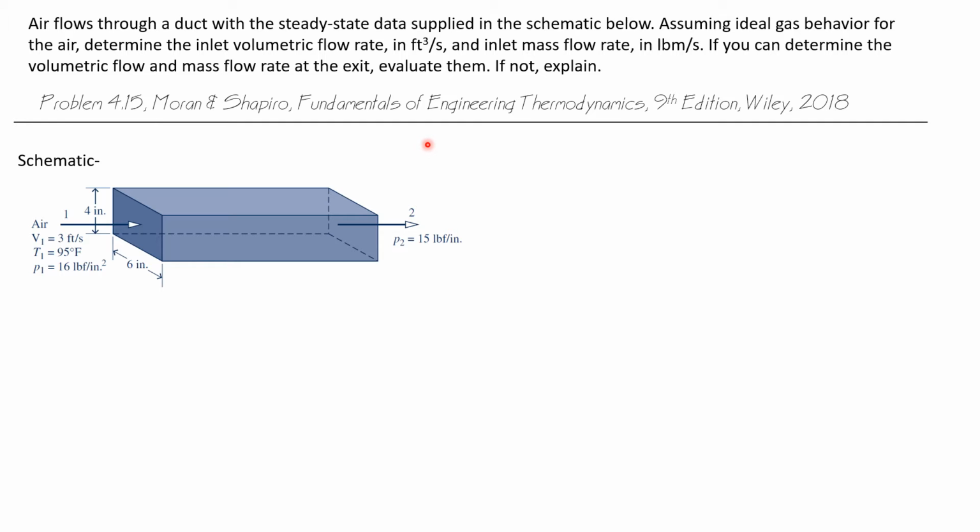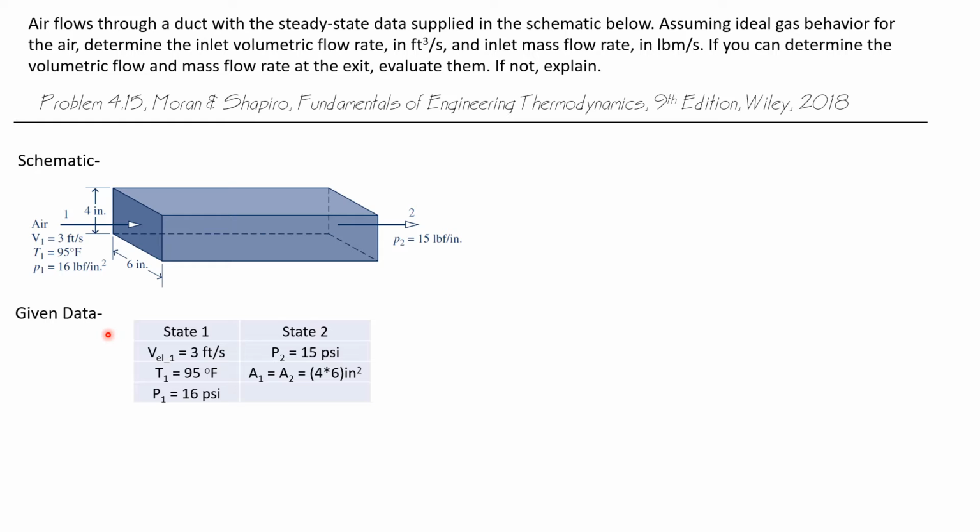If not, explain. So here we have a rectangular duct, constant area duct, with air flowing through it. And we're given the velocity, temperature, and pressure at the inlet, and also a pressure at the exit, which is slightly less than the pressure at the inlet due to the pressure drop in the duct.